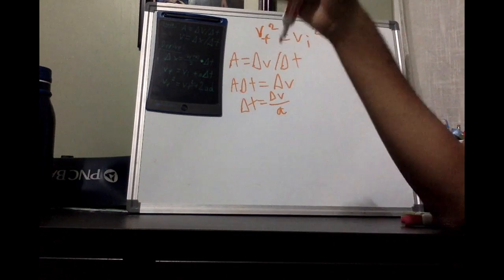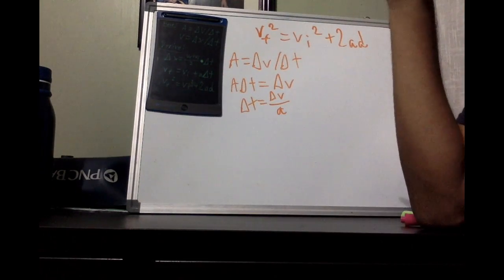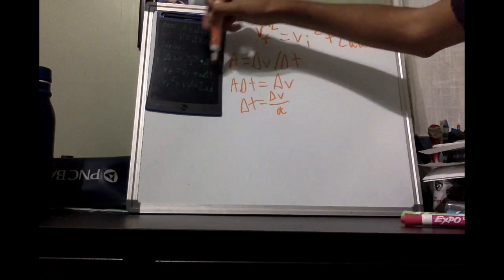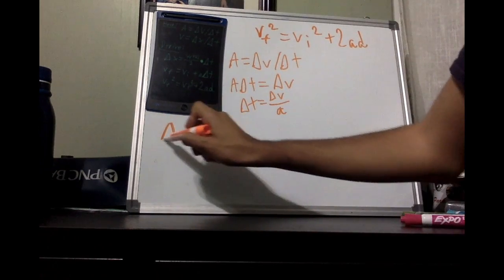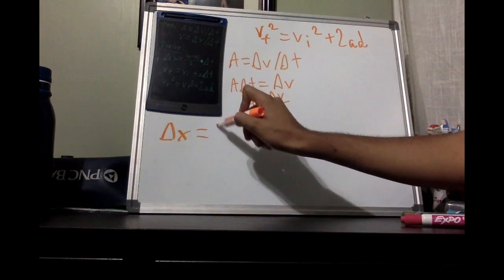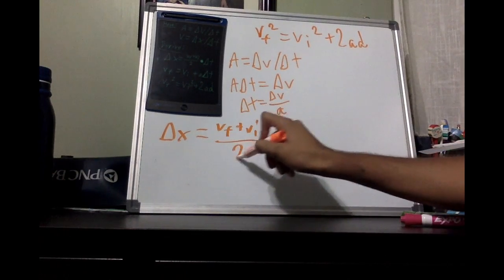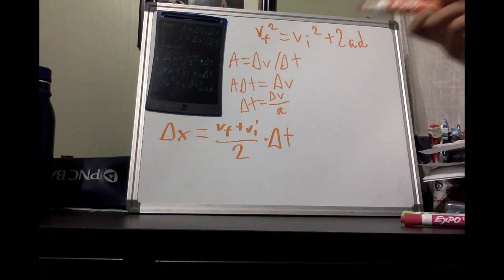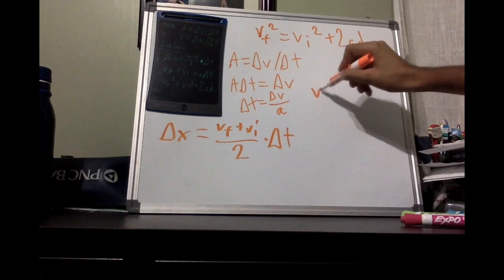Now, because this has acceleration, we can only put it back into equations that don't have acceleration. And the one equation we see is this. Change in displacement. Now, change in displacement is this, times delta t. We plug that in for delta t, and we get this.